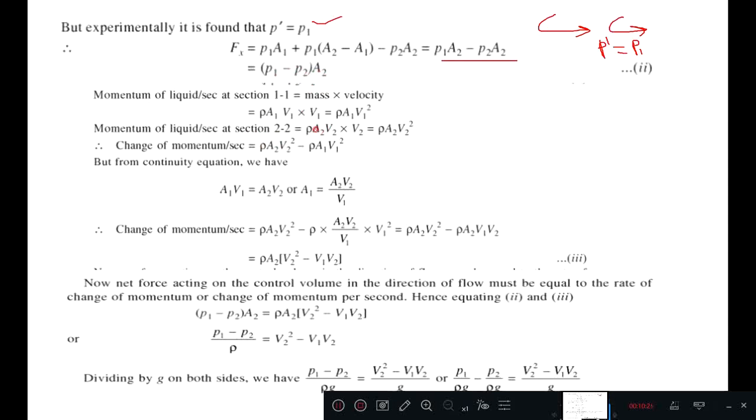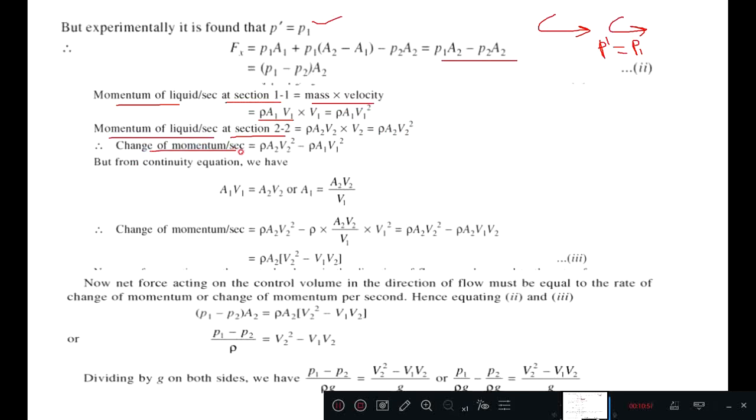Then applying the momentum equation, the momentum of liquid per second at section 1-1 is mass into velocity. Rho A1 V1 is the mass per second, multiplied by velocity V1, so it becomes rho A1 V1 square. Then the momentum of liquid per second at section 2-2 will be rho A2 V2 into V2, that is rho A2 V2 square.